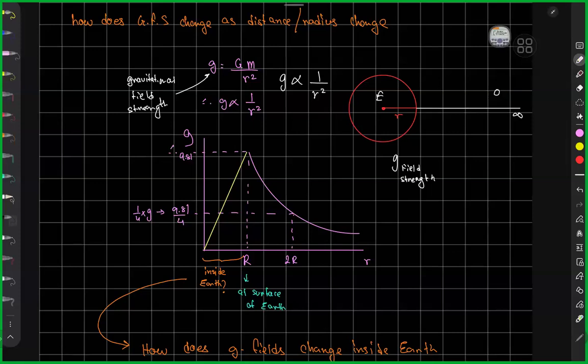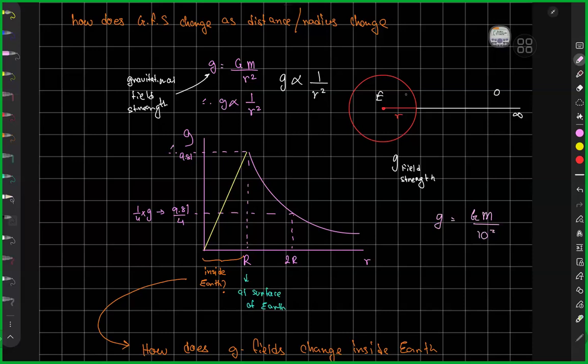If g is proportional to 1/r², right? Let's say near the Earth's surface or on Earth, the separation is the separation from the center of Earth. Let's give it a value. Let's say it's 10 kilometers. Arbitrarily put, no worries. So let's include the GM over here, no problem. g is equal to GM/10².